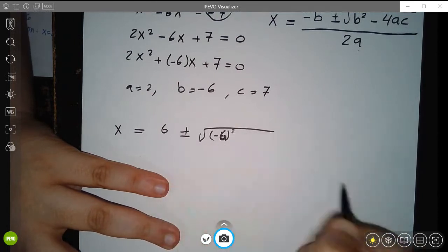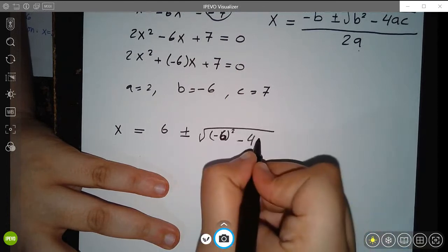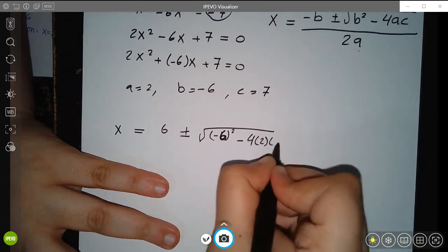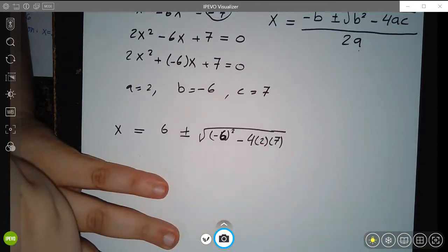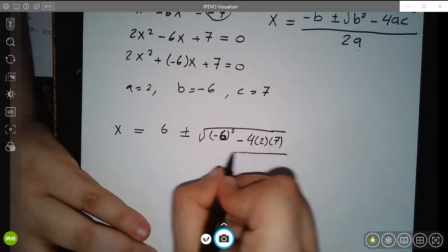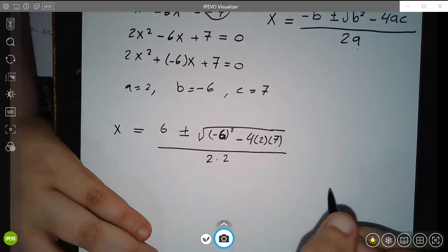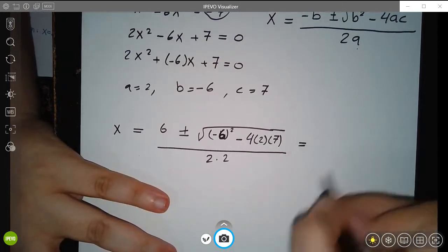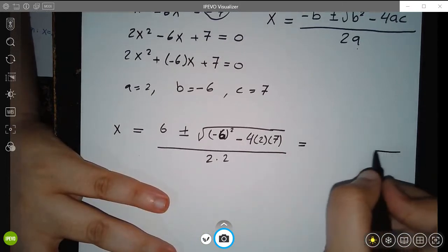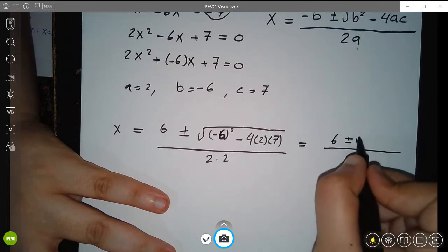Negative 6 squared minus 4 times a, which is 2, and c, which is 7. The whole thing is going to be divided by 2 times a, which is 2. So that equals positive 6 plus or minus.